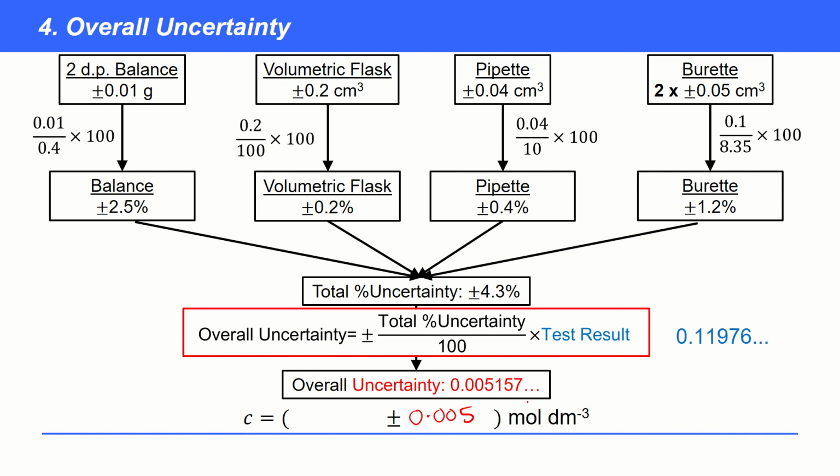Now that means that my test result is varying in the 3rd decimal place. And so I'm going to quote my test result to 3 decimal places, which would be 0.120. Now this is a little bit different. In these experiments you tend to conserve significant figures if you were doing this without uncertainties.